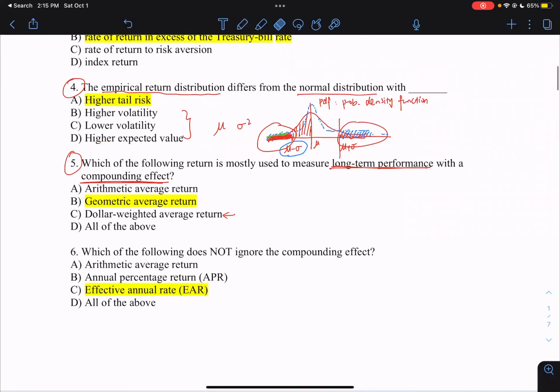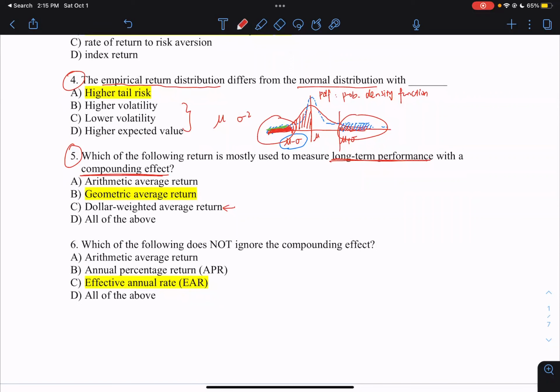Suppose you have a project, for example constructing a restaurant, or building some project that is long-term.